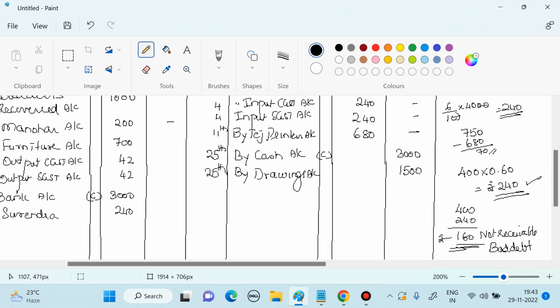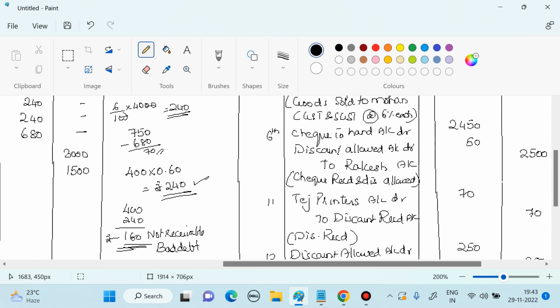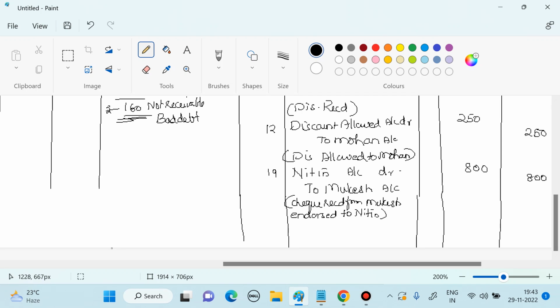So for bad debt, we would be passing a journal entry. Bad debt is a loss. So we will pass the journal entry on 28, bad debt account debit. We debit the bad debt account with the amount of loss of 160 and we close out Surinder account because we know we are not ever going to receive from him as it became bad debt.